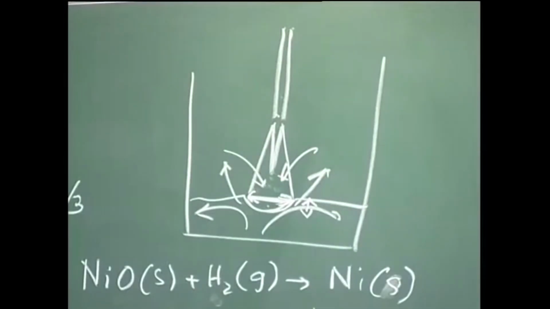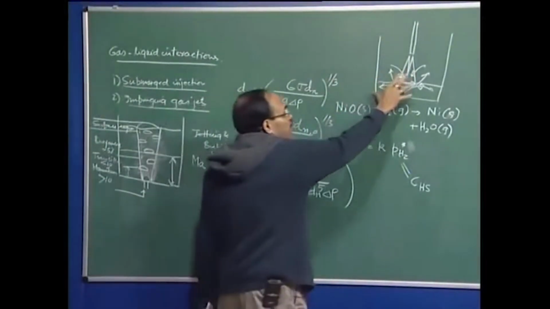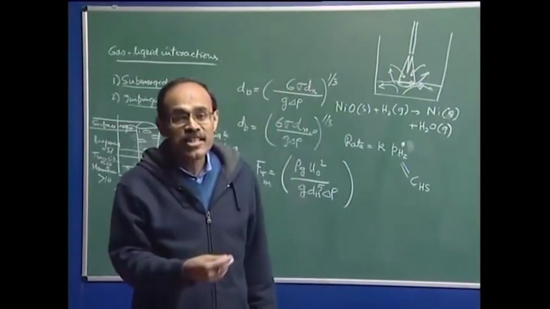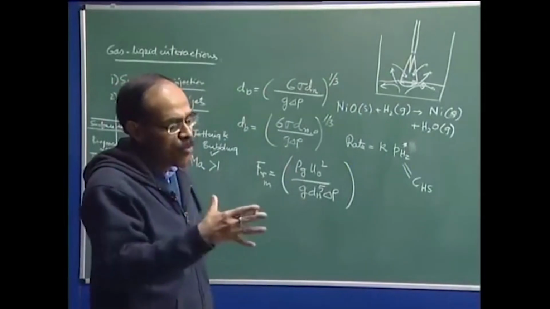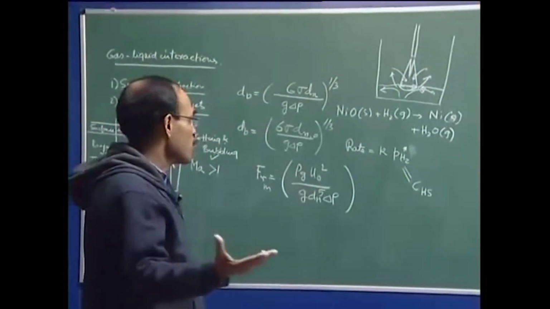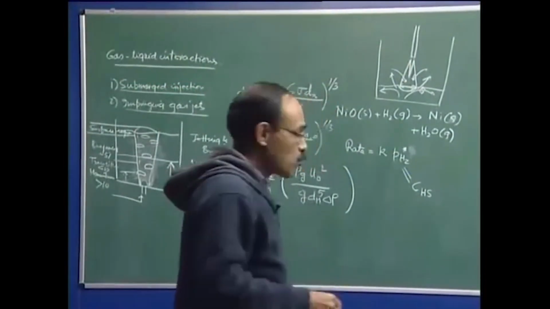So one has to have quite a bit of knowledge of submerged gas injection as well as impinging gas jets in order to handle the multi-phase nature of the steelmaking system, particularly the gas liquid interaction, the level of agitation, the droplet formation, and all these kinds of issues.